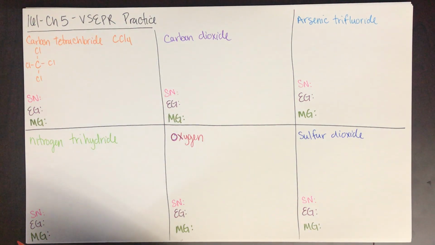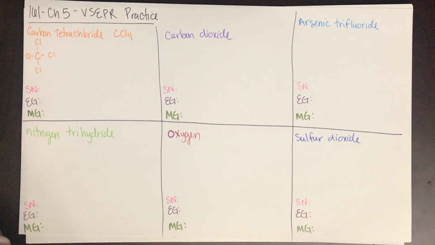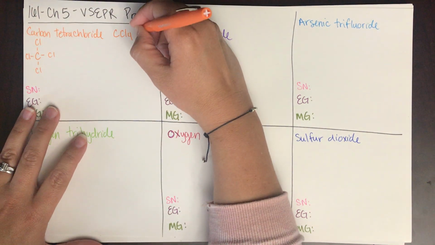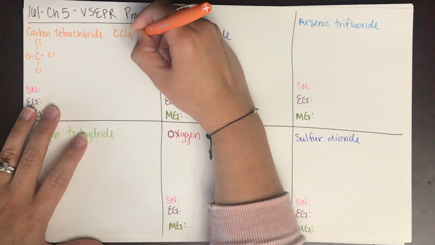So the total valence electrons for carbon tetrachloride, we actually did this one back in chapter 4. Carbon has 4.